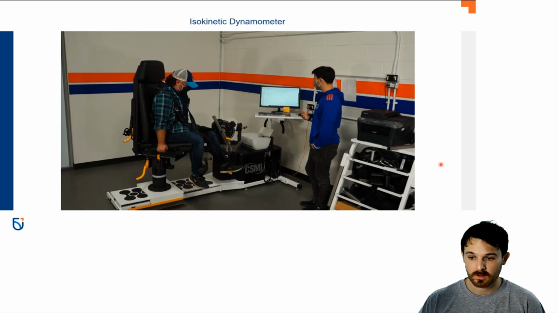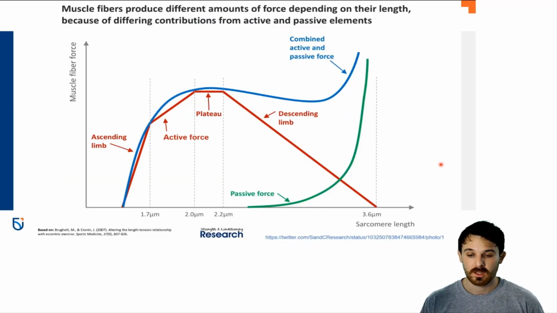Our force-velocity relationship, a little bit of what we want to think about is how, as we get into eccentric forces, we have an increase in force due to this passive force here.